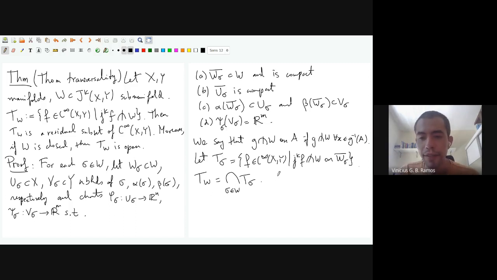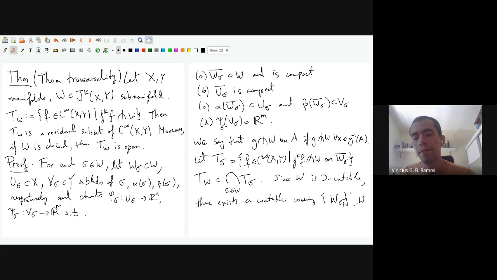So since W is second countable, there exists a countable covering W sigma i of W for i equals 1 to infinity.